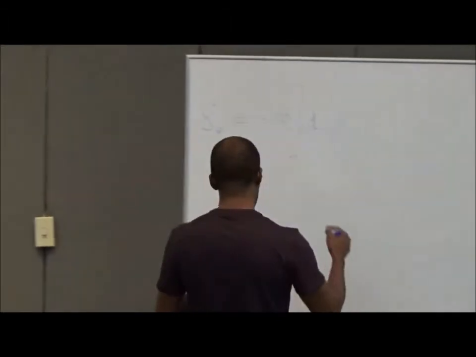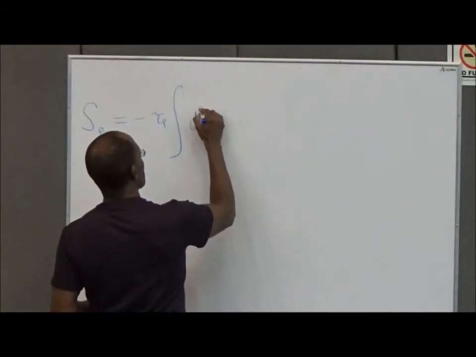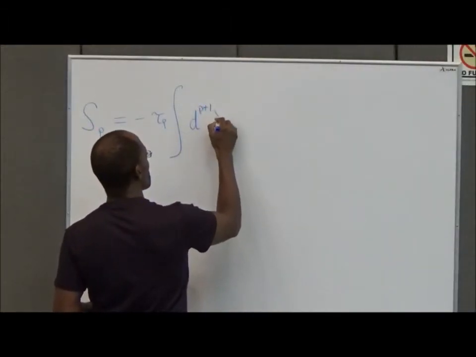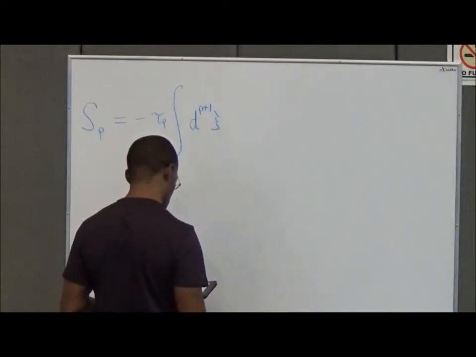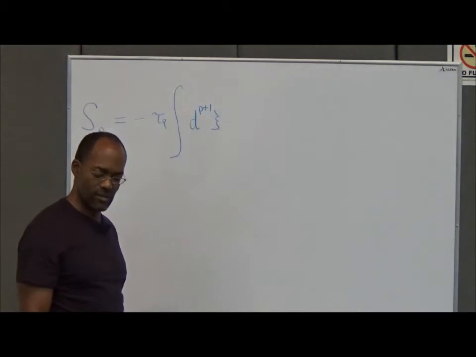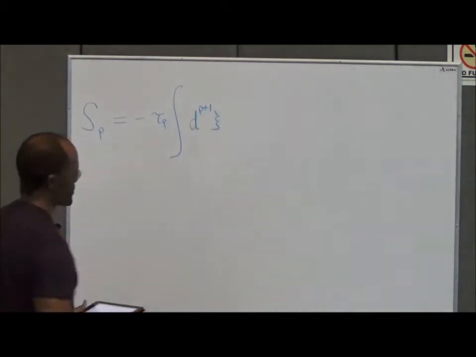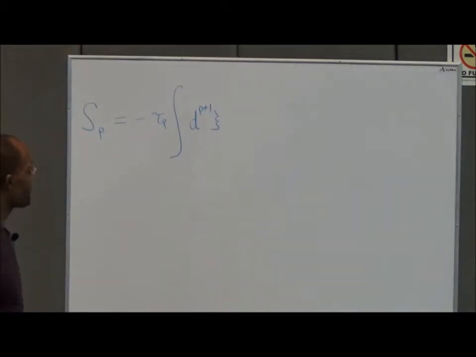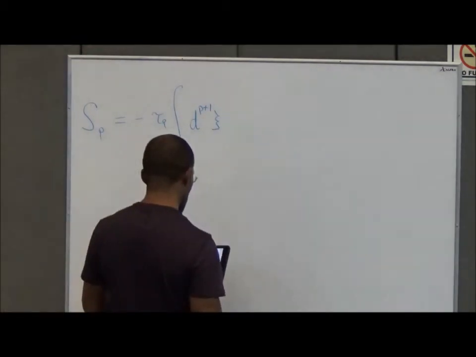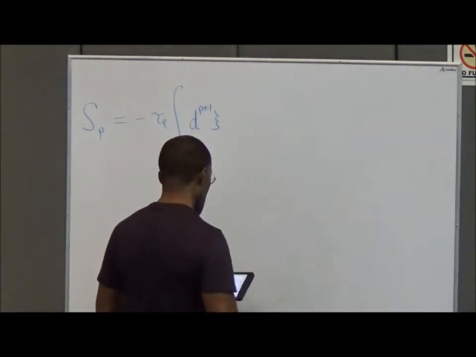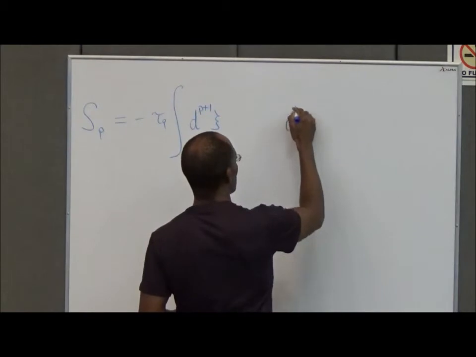So it's p plus one-dimensional. I'm going to call those coordinates xi.